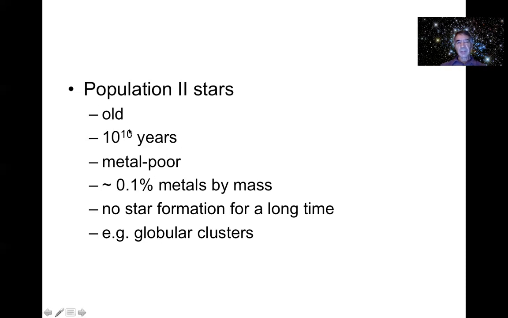They are incredibly old. There are hardly any massive main sequence stars left. They've all evolved off, so the only ones left are very low mass main sequence stars. And if you look at their spectra, you hardly see any heavy elements in there.